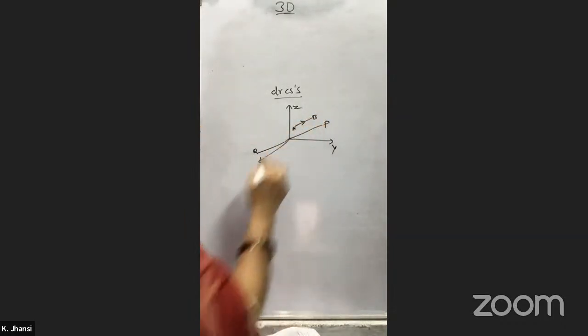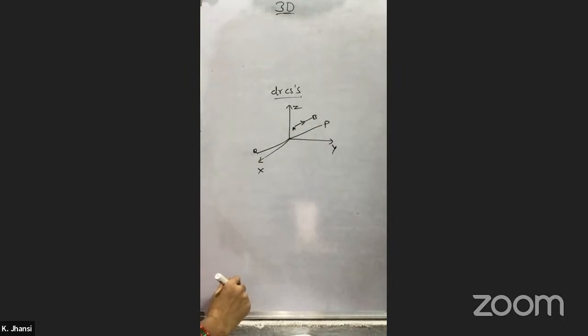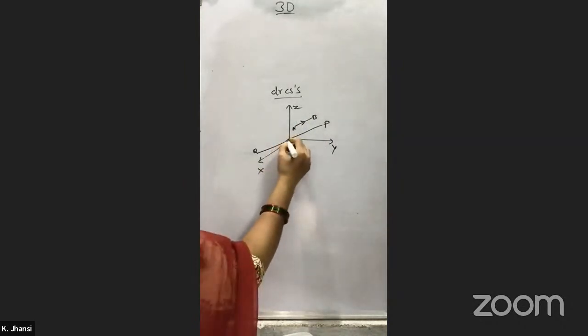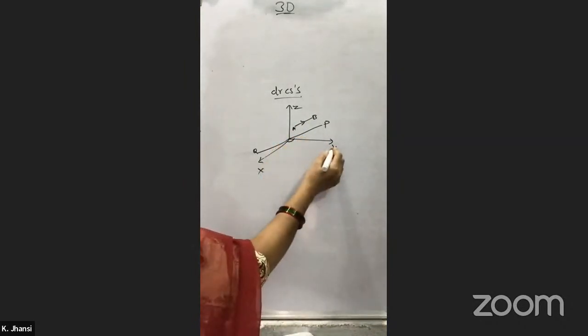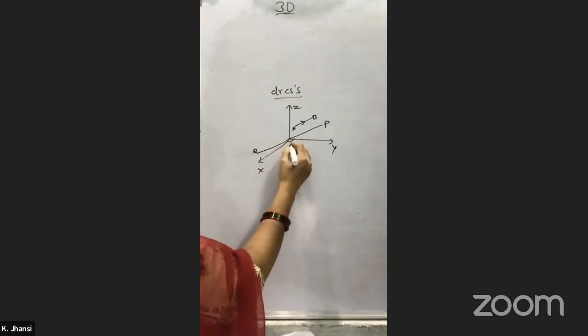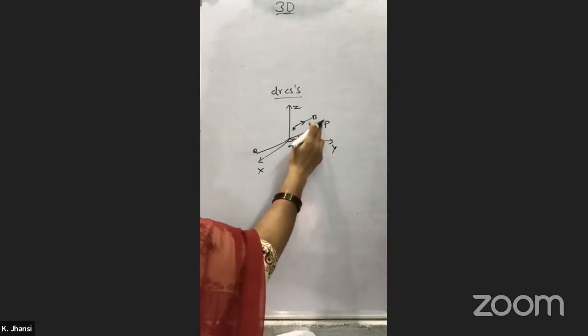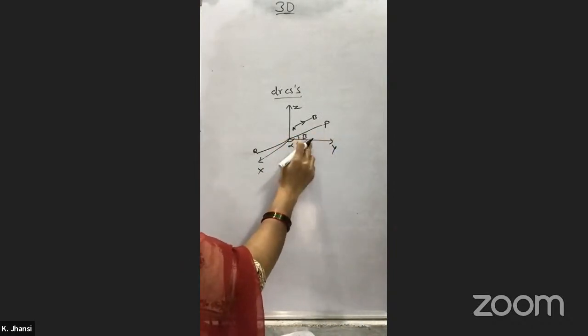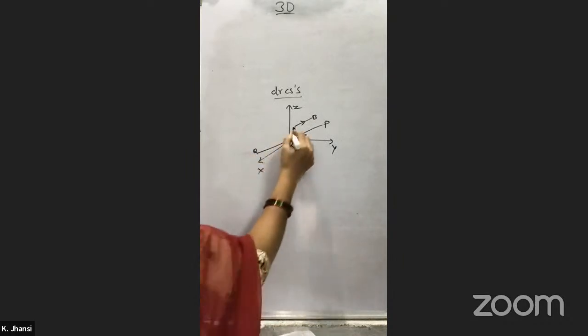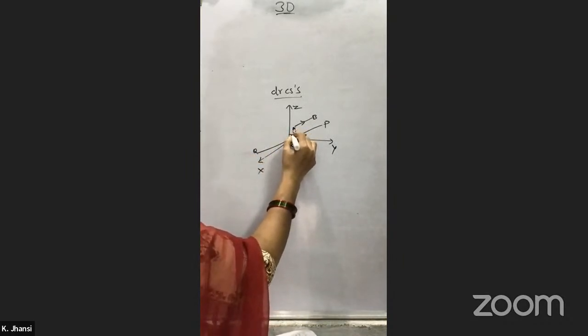This is AB. It is in the direction like this. So this X, whatever the axes are there, it is making the angle alpha. And next, this line with Y is making beta. And next, with Z, it is making gamma.